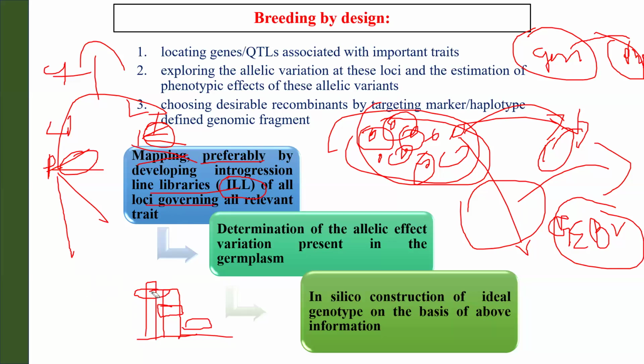Randomly, how can you say this allele has this phenotype? If you transfer the donor genome into this line, there will be a change in the phenotype, and only then can you know the allelic effect.